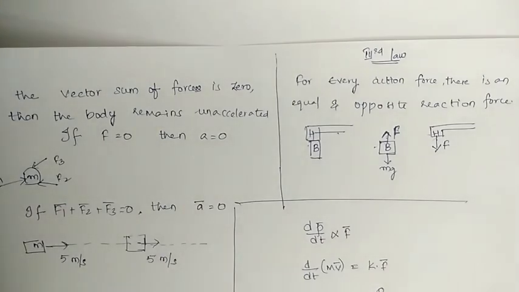So try to think about these things. They do not make sense that easily the first time. In order to understand these things, you need to have a little bit of imagination and you need to think about them a little. So in the next video, I will explain some applications and problems related to this and how to apply this to real case scenarios or real life scenarios. Okay.